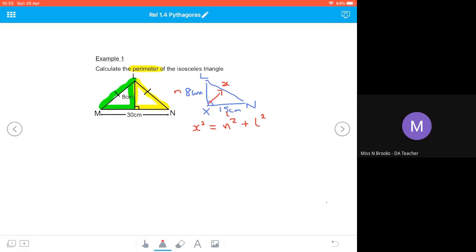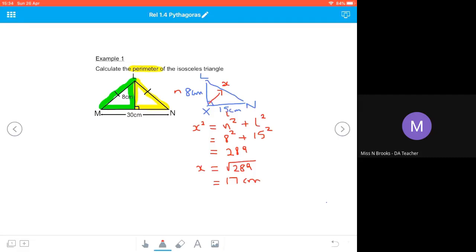So x squared is going to equal 8 squared plus 15 squared. And that gives me an answer of 289. To get x on its own, I'm going to square root that 289, because that's the inverse process of squaring, is square rooting, and that gives me an x value of 17 centimeters.